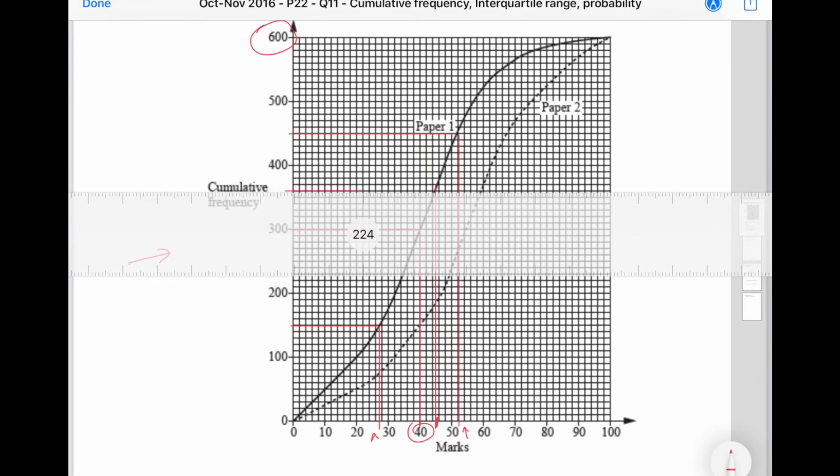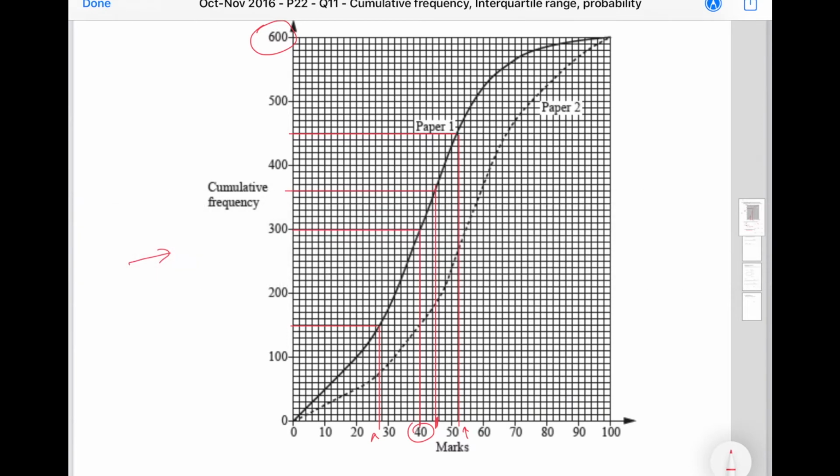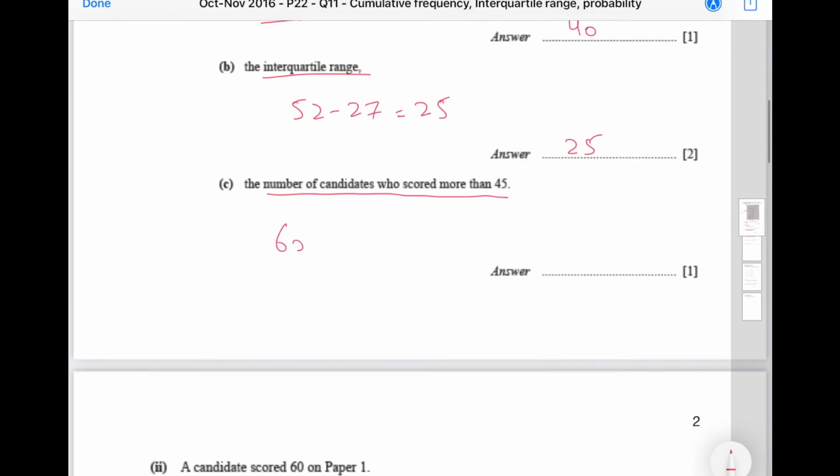And what do we have over here? We have 360. We subtract 360 from 600 and we get 240, which is the number of candidates who scored more than 45. So we write it over here, 240.